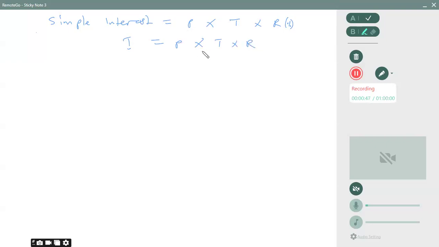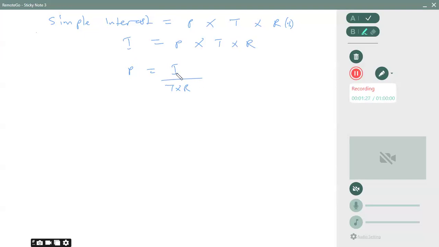Now, for us to be able to get the principal, of course, you just make P the subject. So that implies that principal is basically equal to simple interest, then divided by the time times rate. Okay, how do you arrive at this? I keep this constant, then I divide everything by t times r, and also this side by t times r.